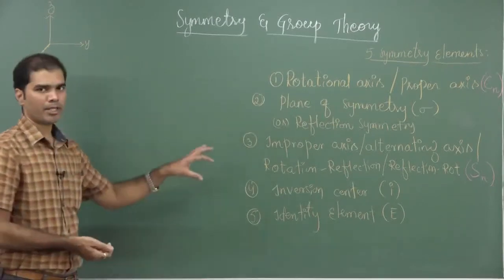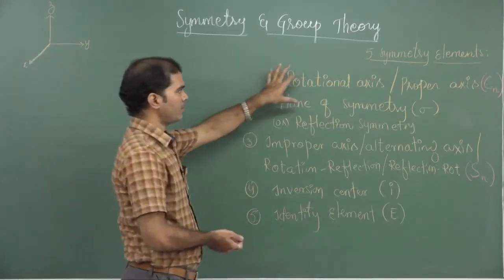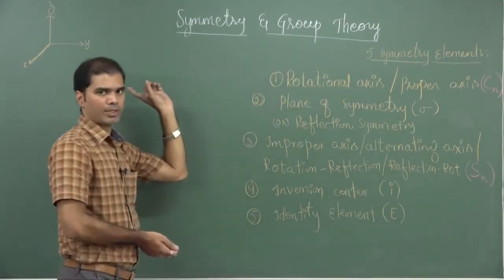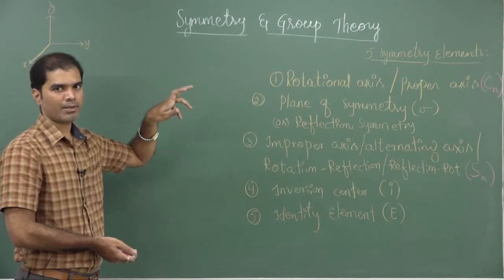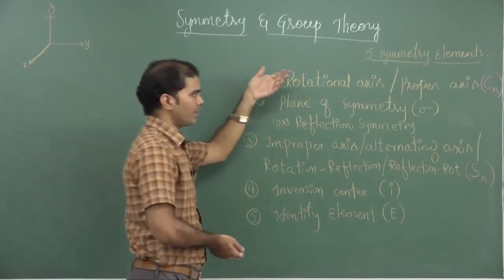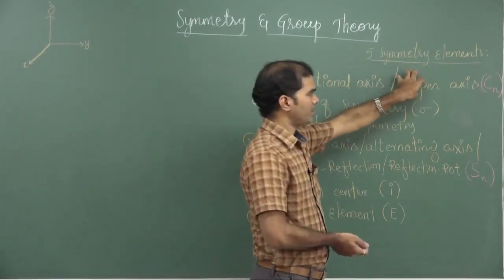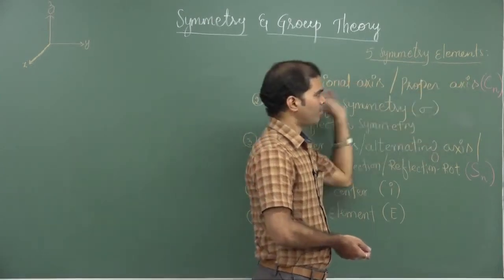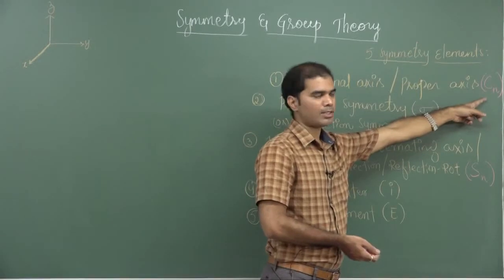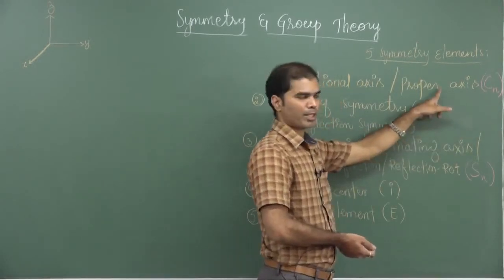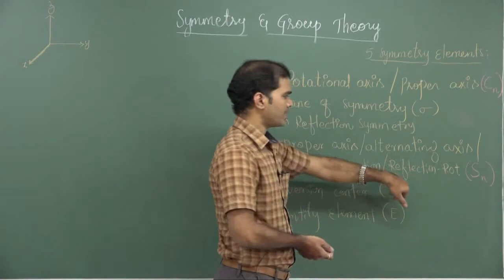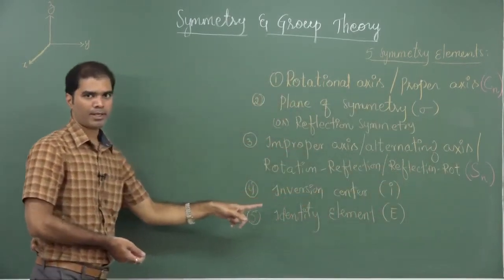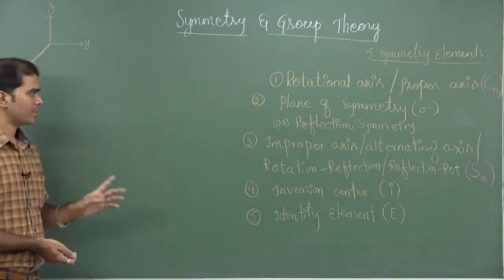It is defined by E. So these are the five symmetry elements, and to understand how the coordinates exchange, whether they are shifting or not, we will apply these symmetry elements and check. Every time we need not write the complete name, so I will take the notation Cn for proper axis, sigma for plane, Sn for alternating axis, I for inversion, and E for identity element. These things you have to remember.